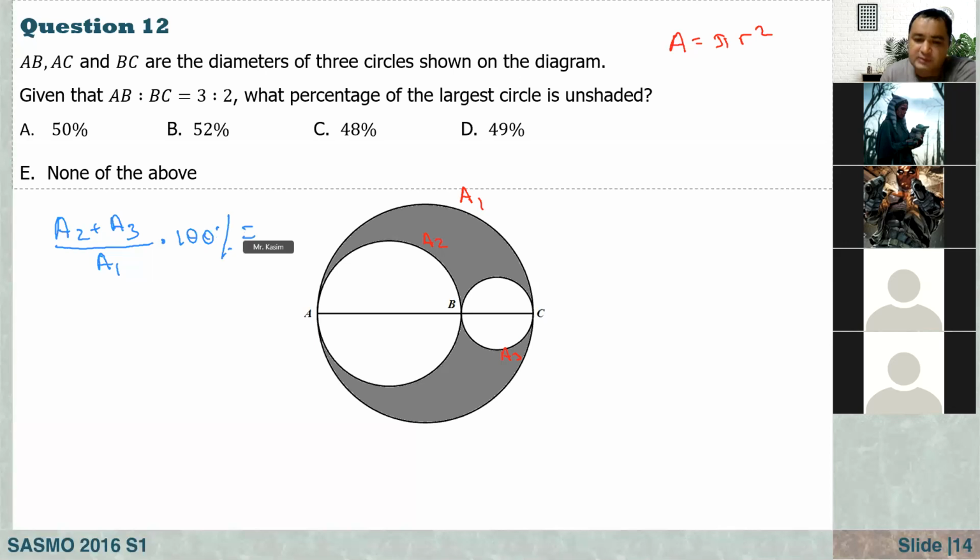A2, A3, that's actually the part inside A1 that is unshaded. So we should divide this by the whole area, and since it says percentage, we should multiply this by 100%.